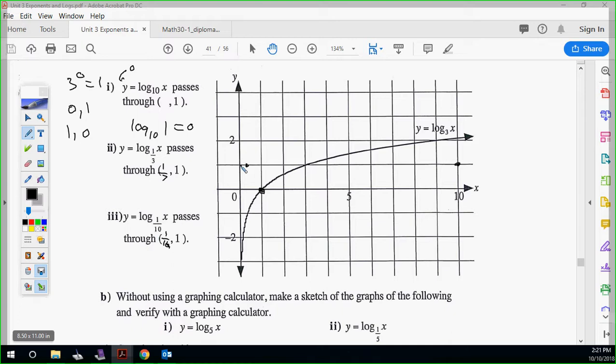So the 1/10, they're all going to go like this, just roughly. 1/10, and then the 1/3. Roughly like that. The base 10 log of x is going to go like this.